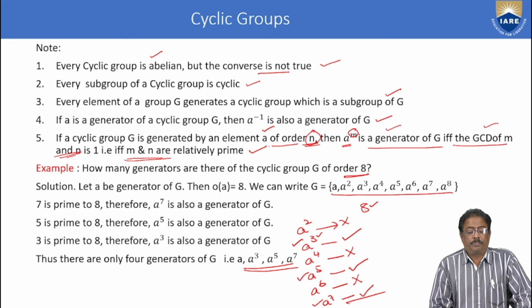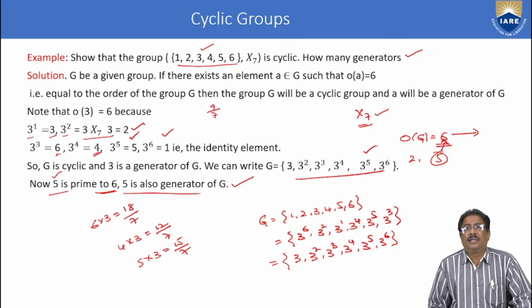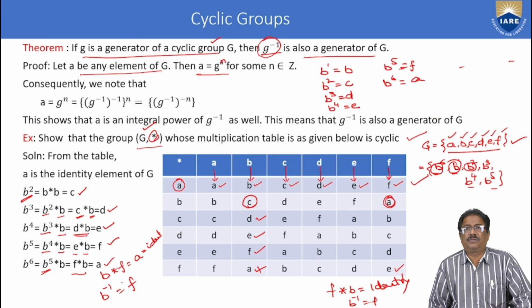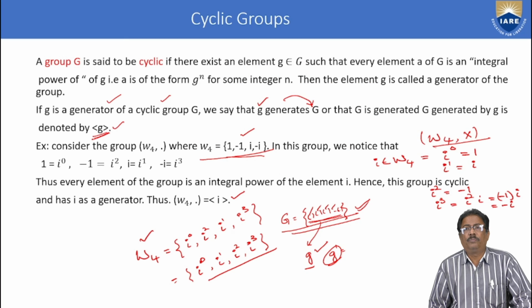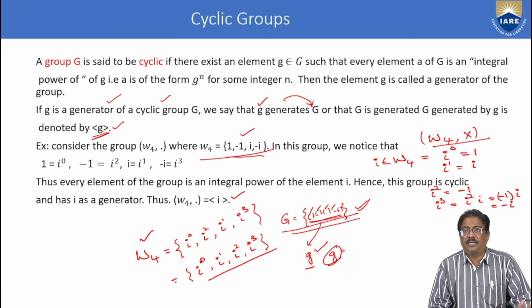So in this way, we are going to find out. In this class we discussed what a cyclic group is. A group is said to be cyclic if every element of the group can be represented as an integral power of some element of that same group.